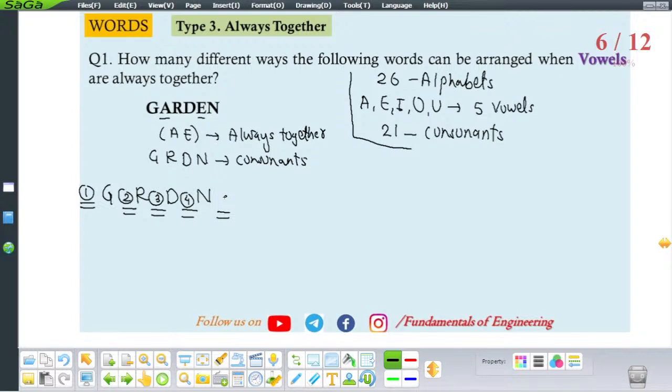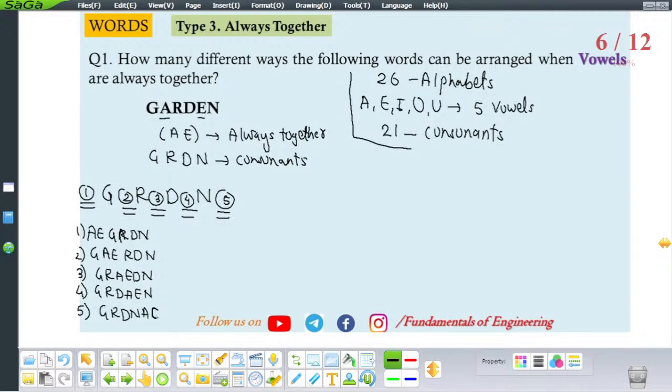You can see: AEGRDN is the first position, GAERDN is the second, GRAEDN is the third, GRDAEN is the fourth, and GRDNAE is the fifth.